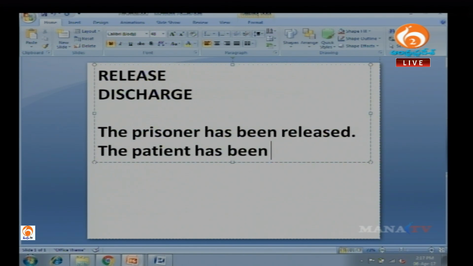The patient has been discharged. So the word release is used for a prison and the word discharge is used for a hospital. So you need to understand which word is used in what context. You cannot use the same word in every context. That is one aspect of vocabulary.